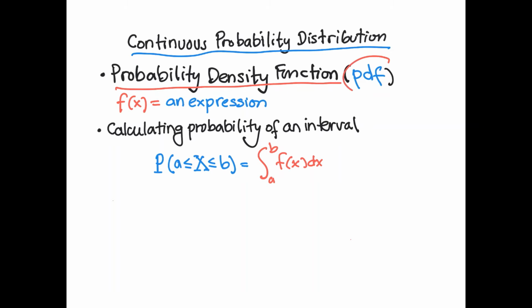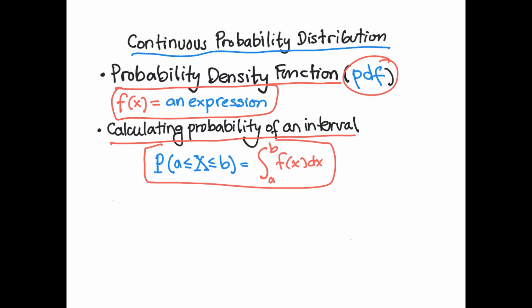For continuous random variables or continuous probability distributions, there is a function called the probability density function, or PDF, and is typically given as an expression that can be used to calculate the probability of an interval utilizing this formula. The probability that the random variable X is between the limits a and b is the integral from a to b of the probability density function.